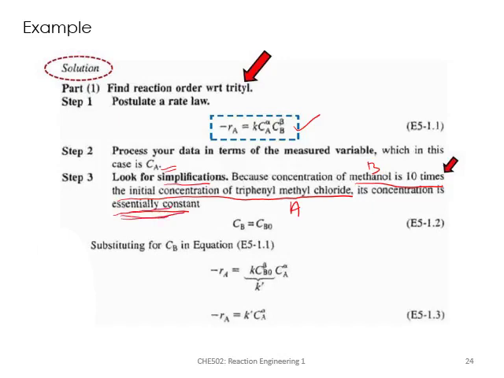Whenever you have a very small amount of species A and a very high concentration of species B, that is methanol, obviously we can say that nothing changed in terms of the concentration of B, because it is 10 times bigger than A. So what you can say here is CB is equivalent to CB naught.